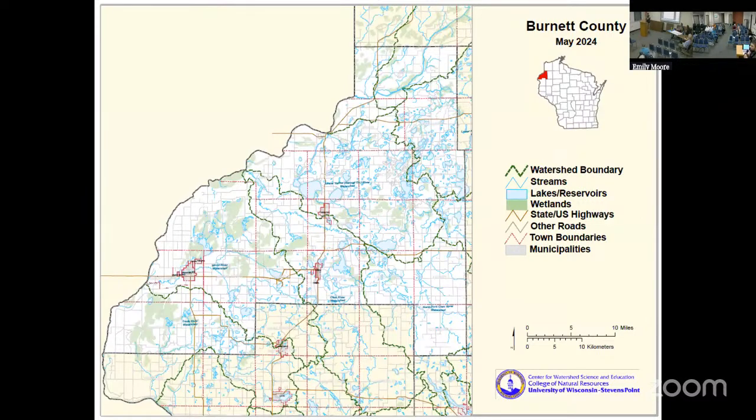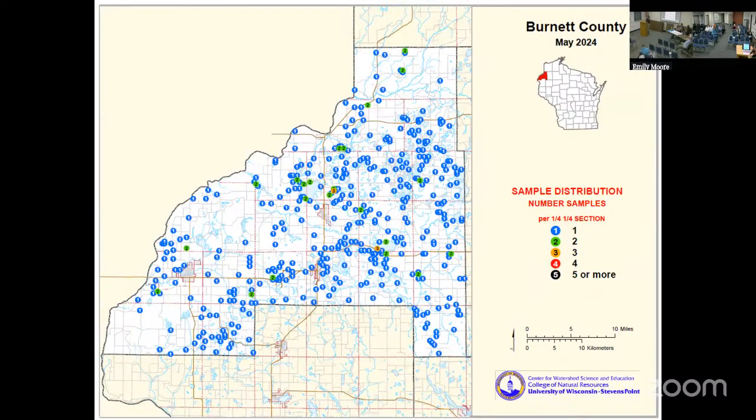So if we look at the maps of the data that I'm going to illustrate, they're all going to look very similar to what you see here. Throughout tonight, we've been looking at Burnett County, and the light area in here is Burnett County. All of the maps are going to be similar, but they're also going to include the locations, as well as a little bit of information about the concentration that was measured.